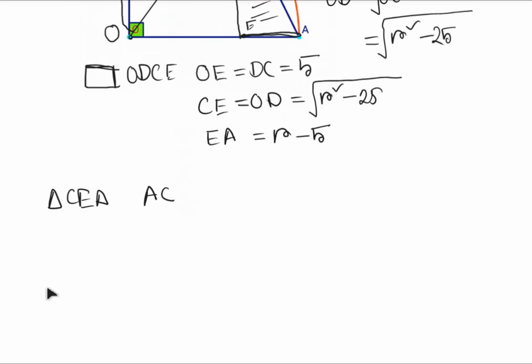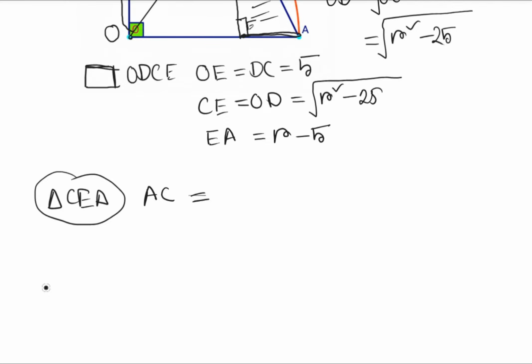So we can write AC, or CA, which is the hypotenuse of this right angle triangle. Indeed, E is 90 degrees.